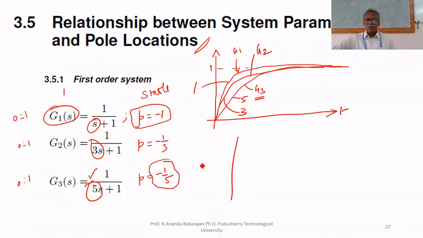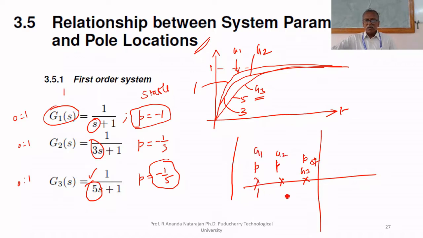If you plot all the three poles, this is the pole of G3, this is the pole of G2, this is the pole of G1: -1/5, -1/3, -1. The poles are very close to j omega axis. System becomes sluggish.